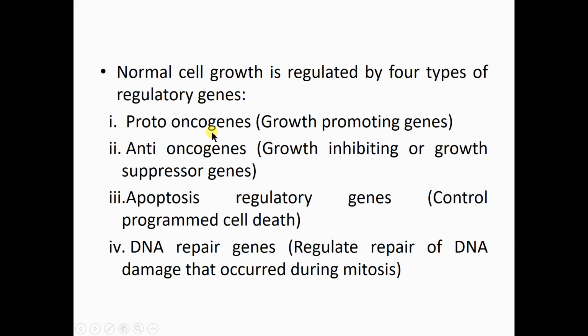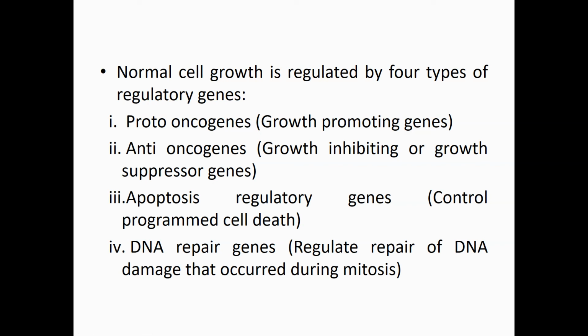Normally, growth is promoted by certain groups of genes, the proto-oncogenes, and growth is inhibited by anti-oncogenes. In any normal cell, the functions of proto-oncogenes and anti-oncogenes are very well coordinated. When cell growth is required, proto-oncogenes are activated and lead to growth promotion.